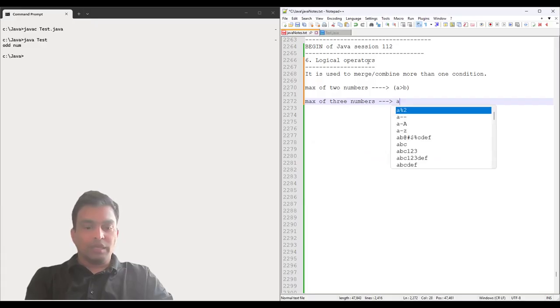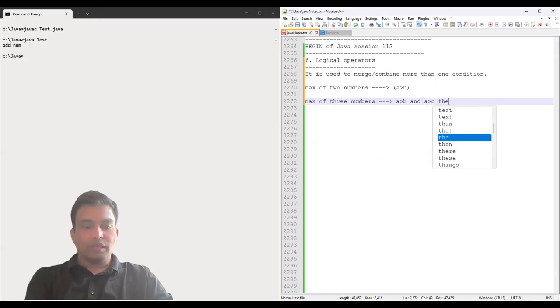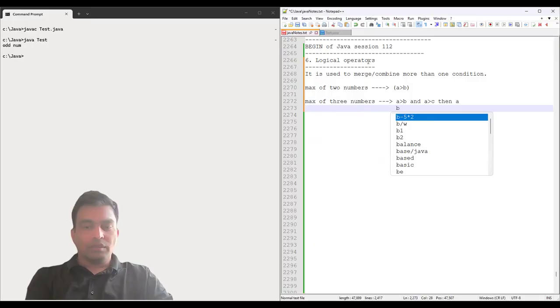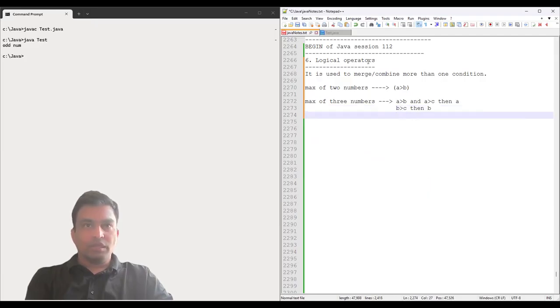Like a greater than b and a greater than c, then a is the maximum of all the three numbers. If this is not true, then we have to check if b is greater than c. If it is true, then b is the maximum of three numbers. Else c is the maximum of three numbers.